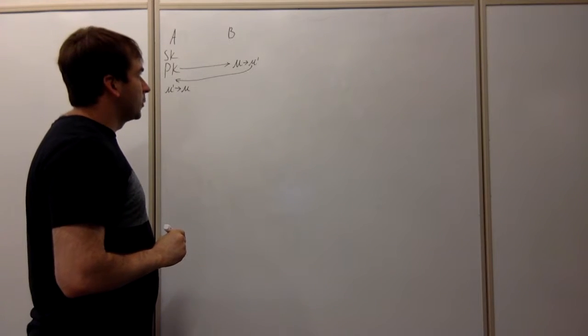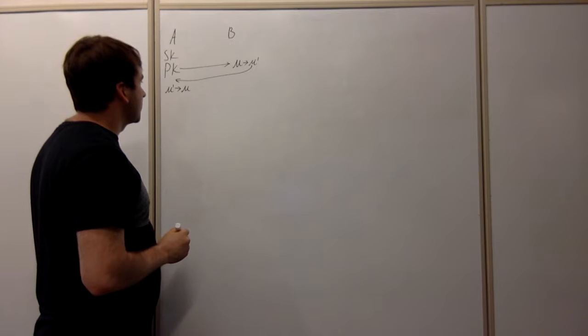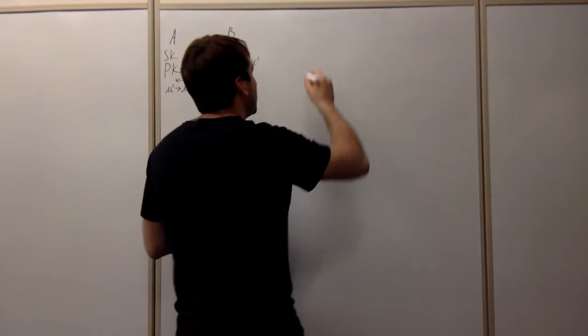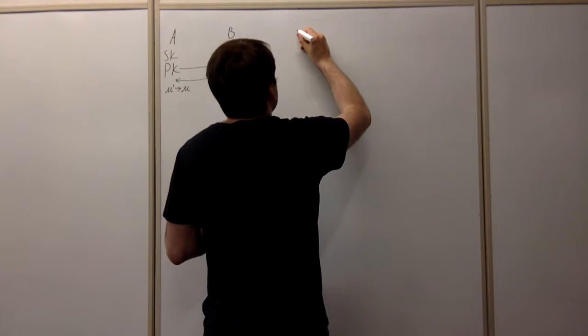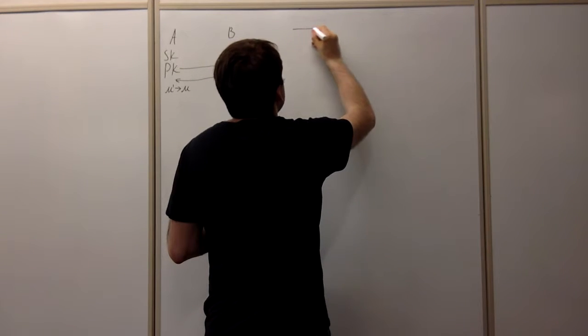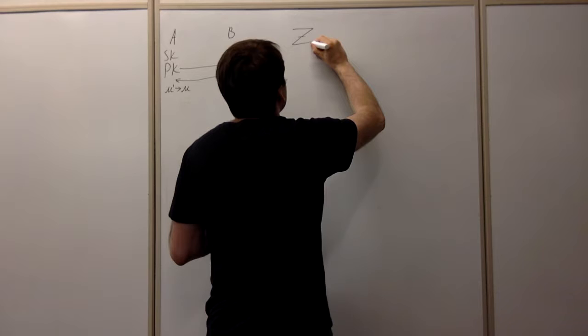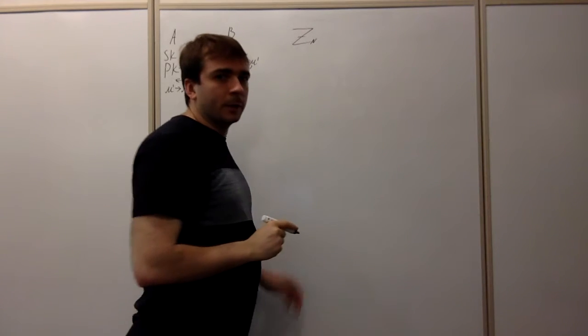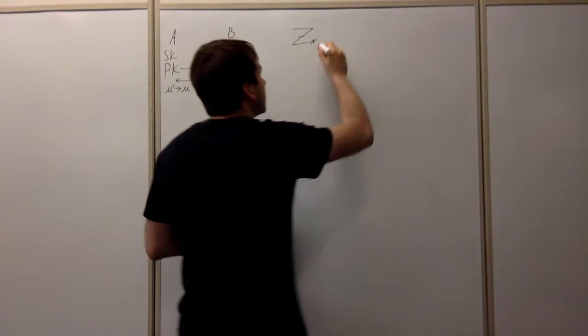In order to explain how all this works, I will need some math explained first. First of all, I would like to talk about a ring. A ring is an algebraic structure, and it's denoted as Zn, where n is the size of the ring.